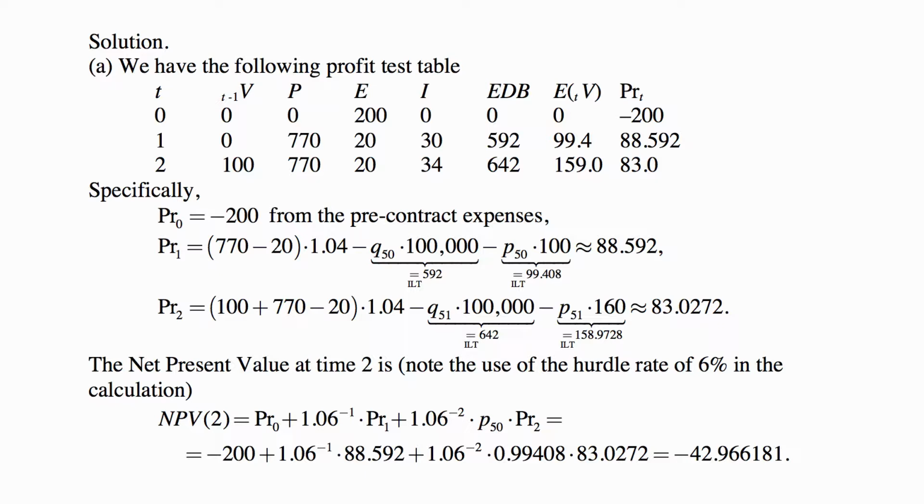So we have the following profit test table, and just below it you see the actual calculations for the entries that you see there. The pre-contract expenses are always taken as the negative profit allocated specifically to time 0 at the very beginning. So that's negative 200 for this policy.